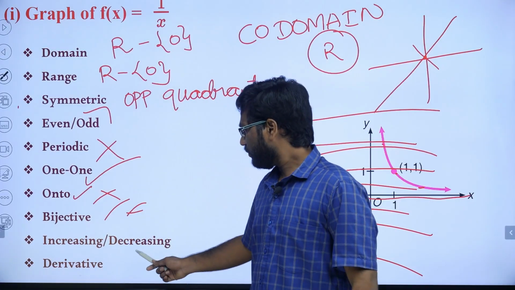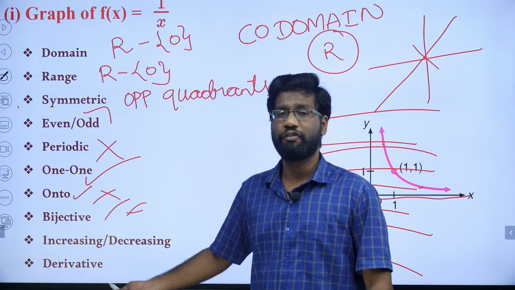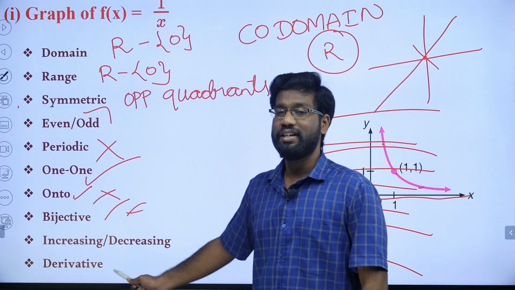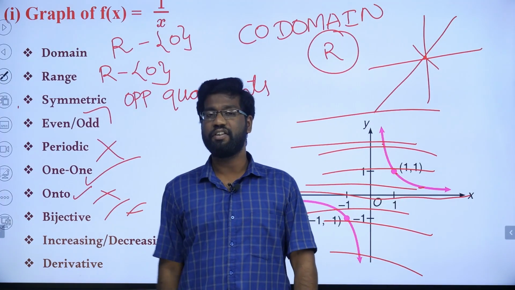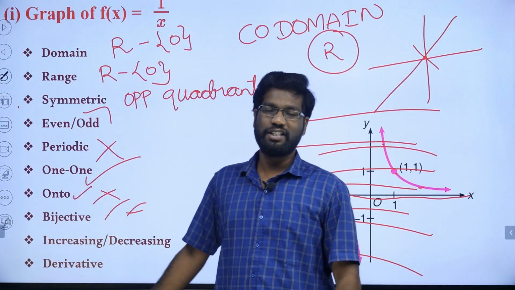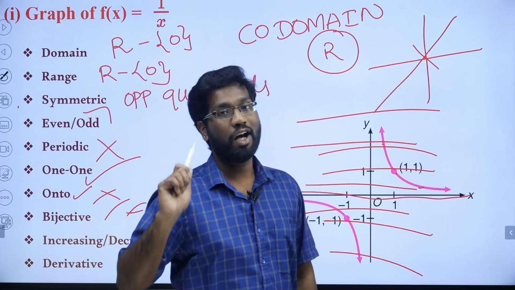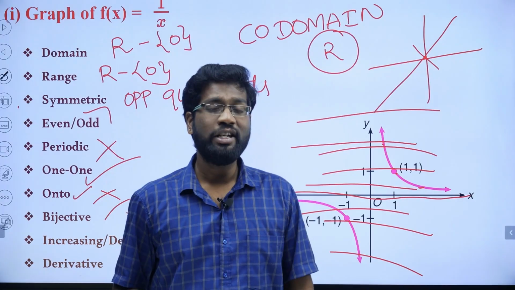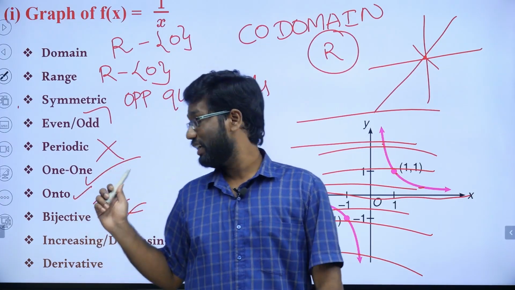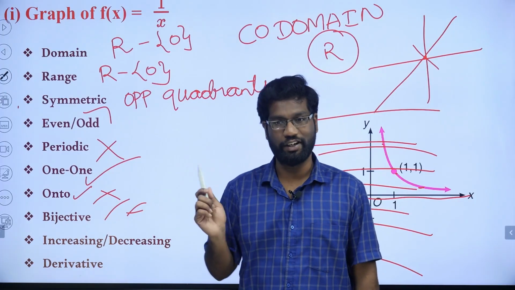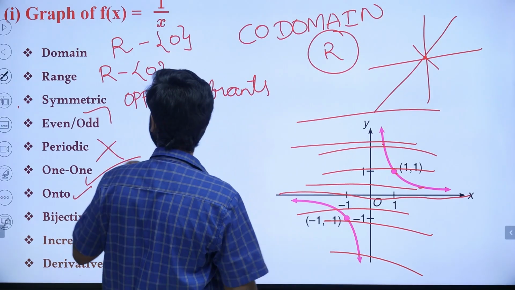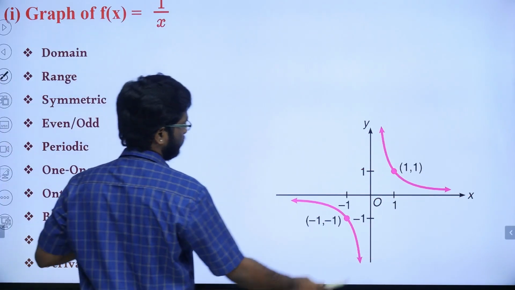Okay, then derivative, my dear students, differentiation and continuity. Already I have said to you, to find the derivative, which means the differentiation concept, if the graph is smooth and continuous throughout, then we can say this function is differentiable everywhere. But here this is discontinuous, my dear students.